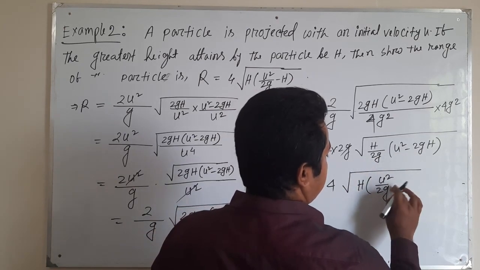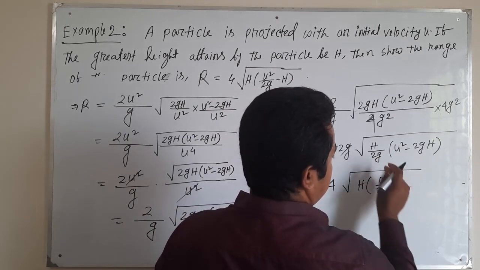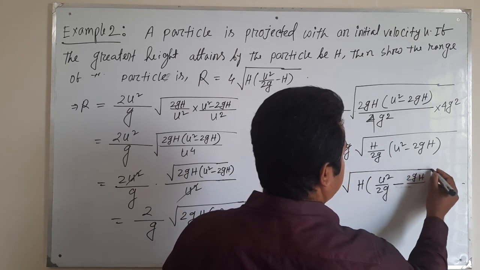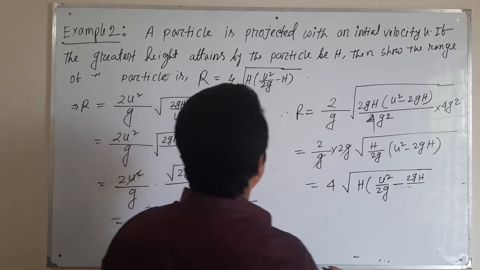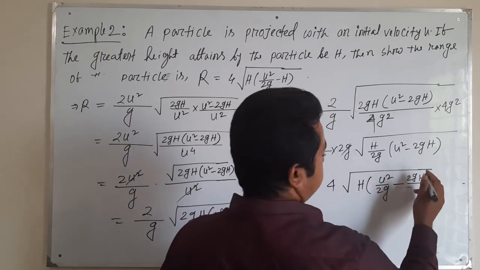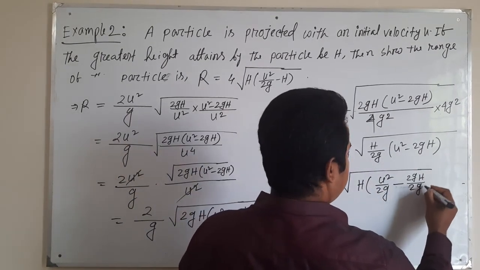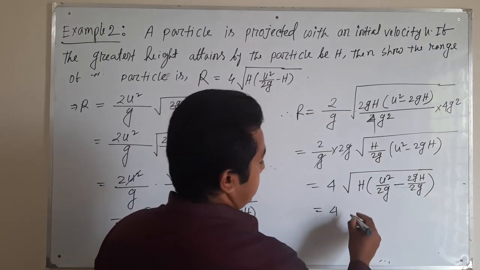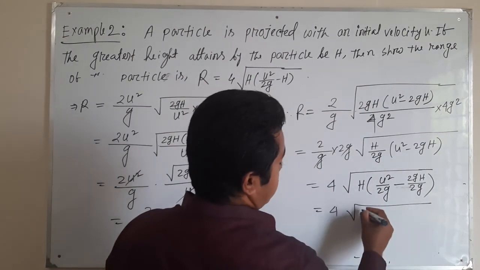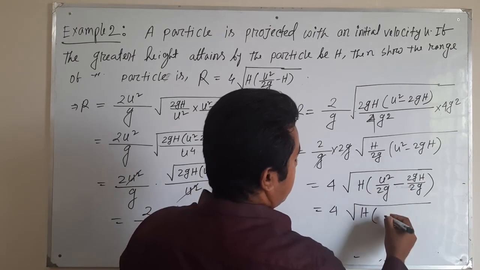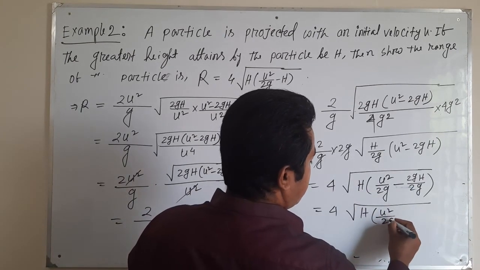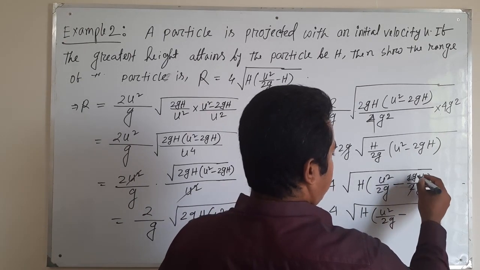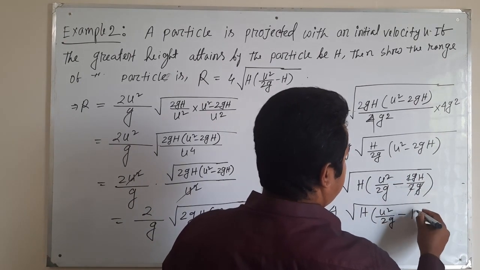Okay, then 2gh divided by 2g, then 4 root over h into, it will be u square divided by 2g minus h, and 2 will be removed, g and g also be removed, then it will be h.